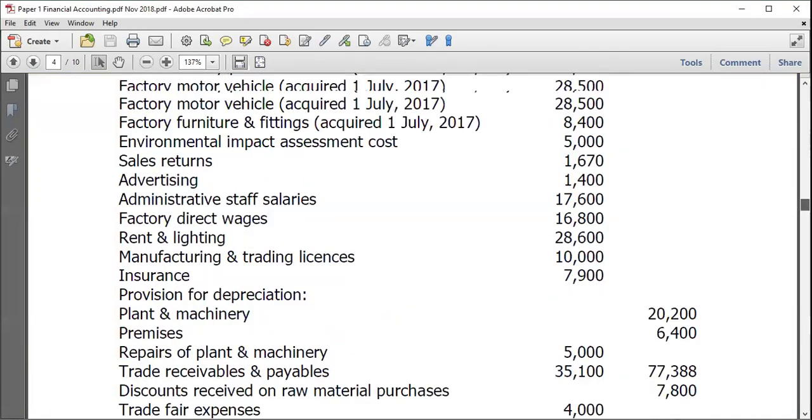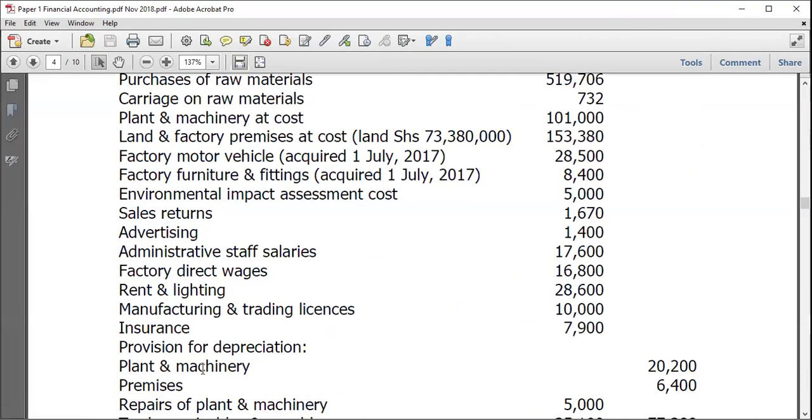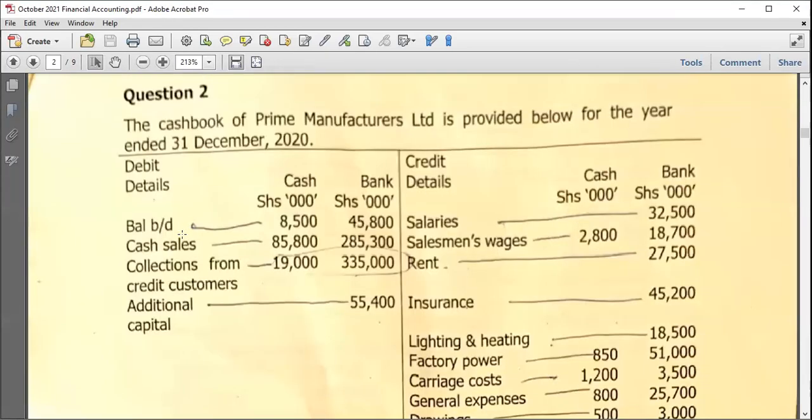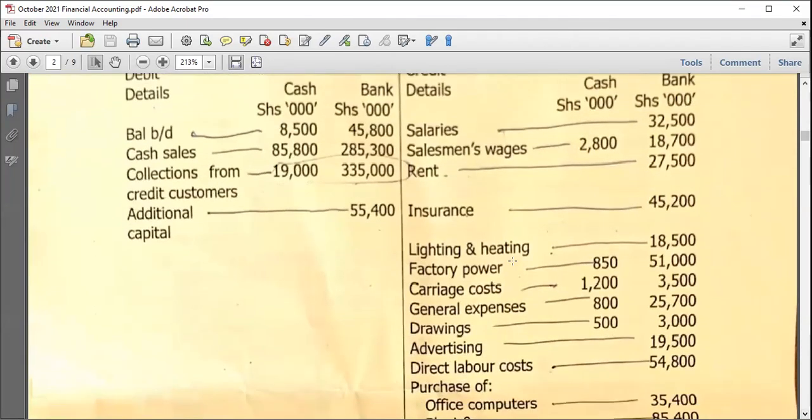In this question, they gave us a trial balance, but the same information, just as they gave us this information of these expenses, when it comes to here, you'd get the information. What you get in the trial balance, the other side, you get this information from what? From the cash book as it is given here. Okay, this will be like your trial balance, sort of. These values as they are, you use them in the same way.